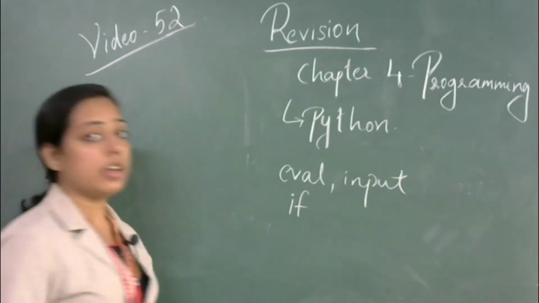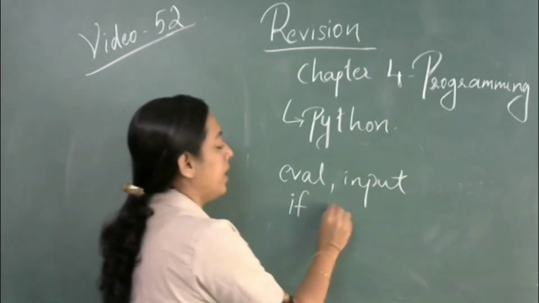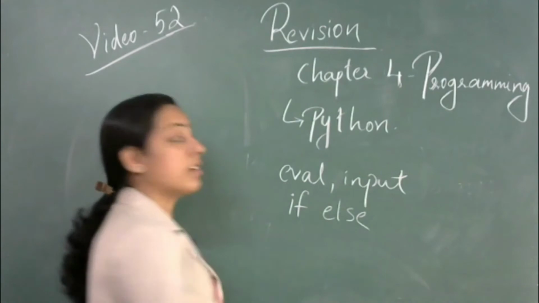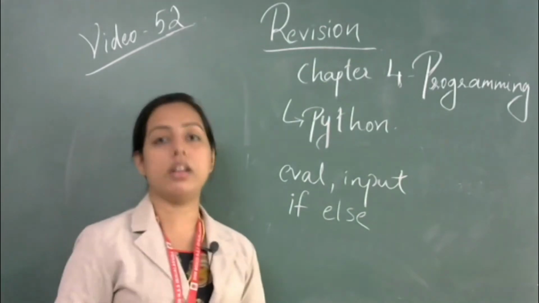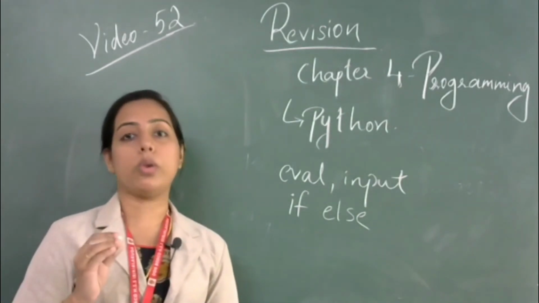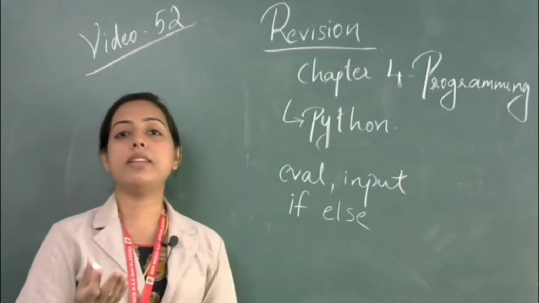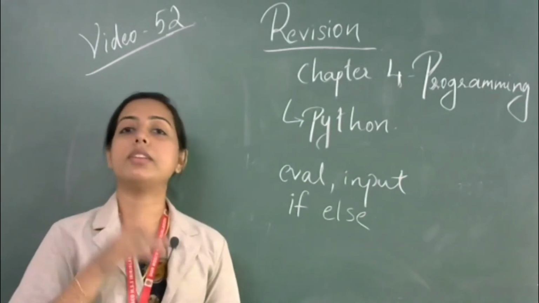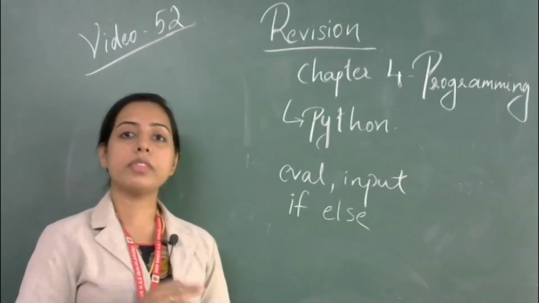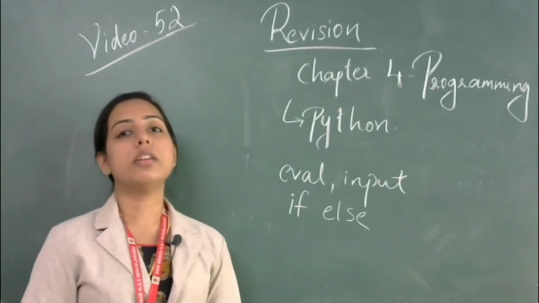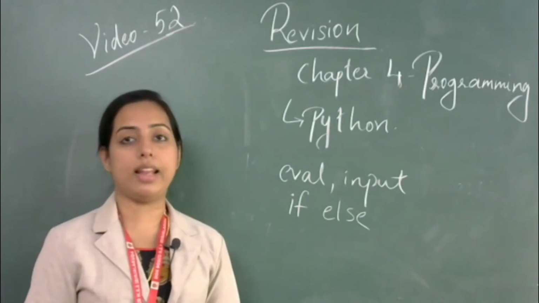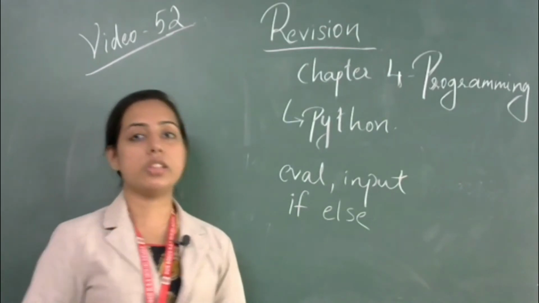If means a conditional statement. If else is a conditional statement, it will check a condition. For example, score: if it is greater than 80, then it will display the result as A plus, or if it is less than 80, the else statement will work: you are not passed or you are not selected. So that is the conditional statement.